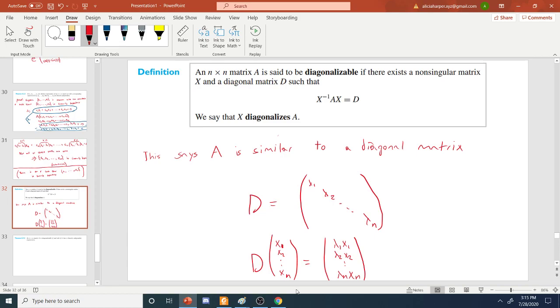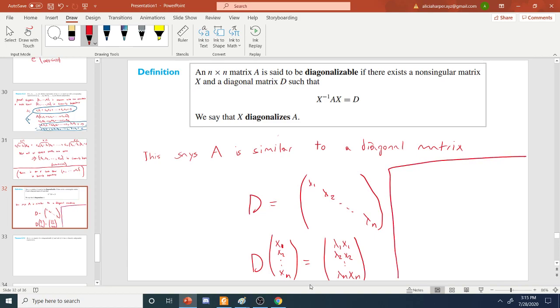The geometry of a diagonal matrix is much easier to understand in terms of what it's doing to a vector than an arbitrary matrix A. So if our matrix is diagonalizable, we can, after a similarity transformation, make it into something we can very easily understand.